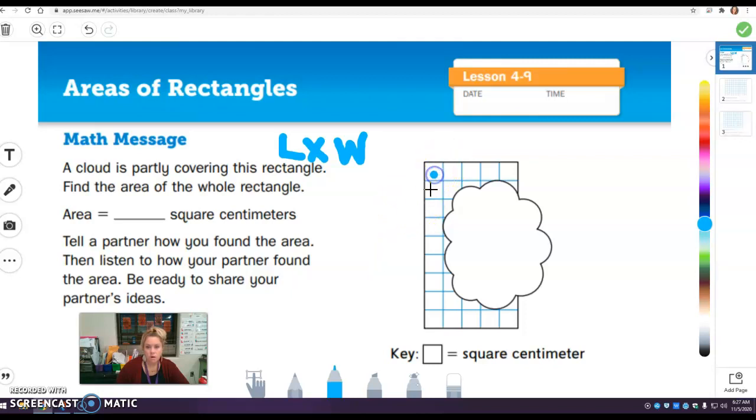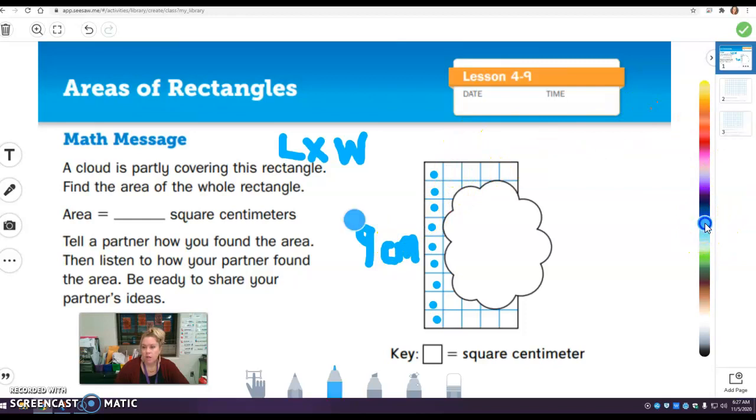So 1, 2, 3, 4, 5, 6, 7, 8, 9. So I know that I have 9 square centimeters on this side. Which would also mean I would have 9 square centimeters on that side. But when we're doing area, we only need to know length and width.